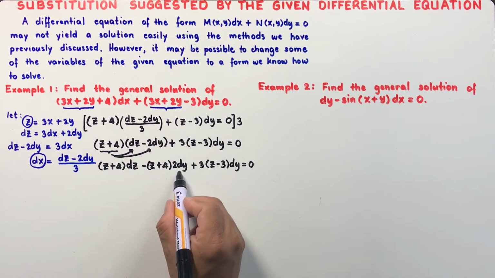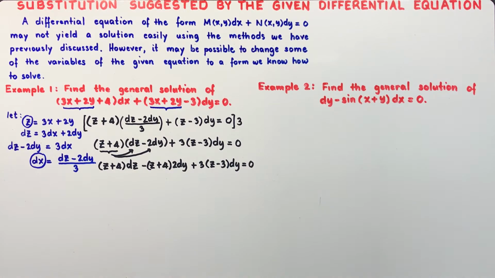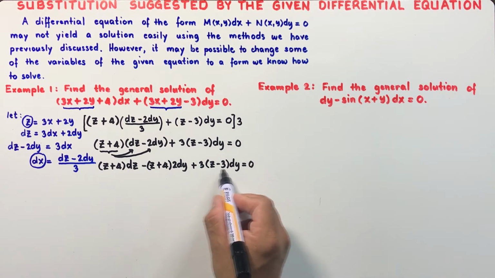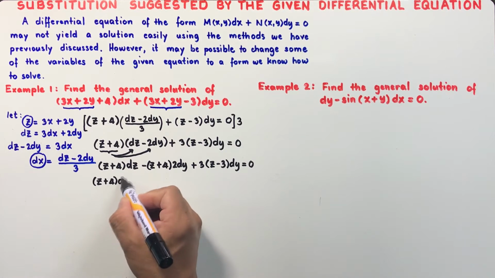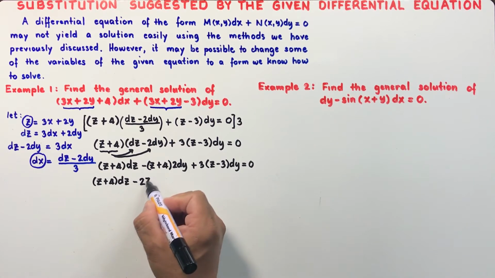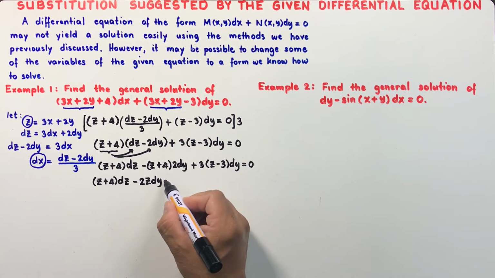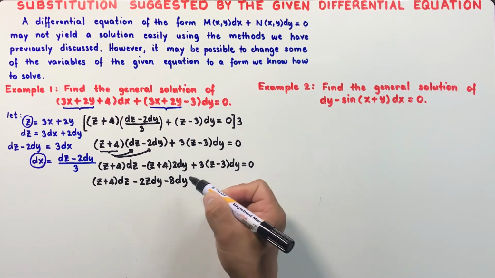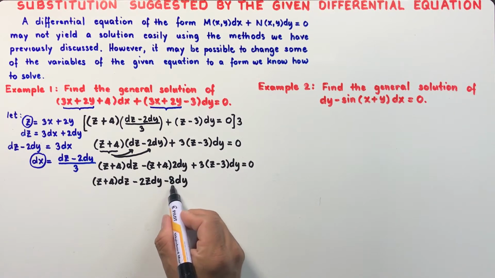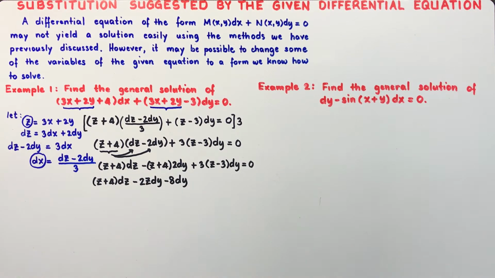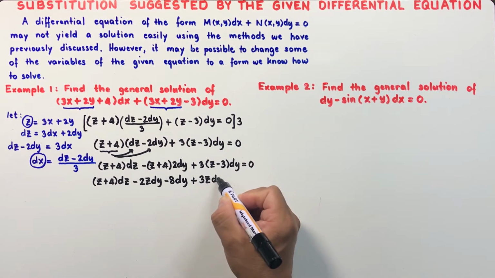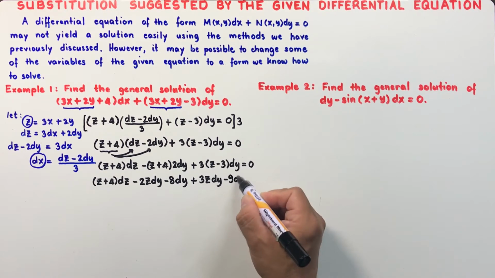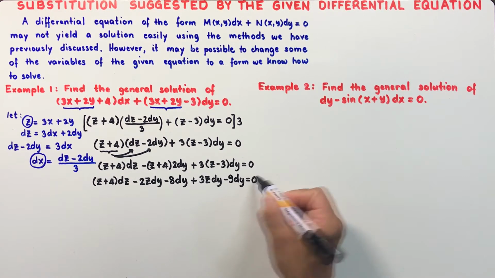Distributing this 2 dy to this binomial, and also this dy to this binomial, we have (z plus 4) dz minus 2z dy minus 8 dy, because 4 times 2 is 8 dy, but we have a negative here, so negative 8 dy. And this is added to 3z dy minus 9 dy, which is equal to 0.